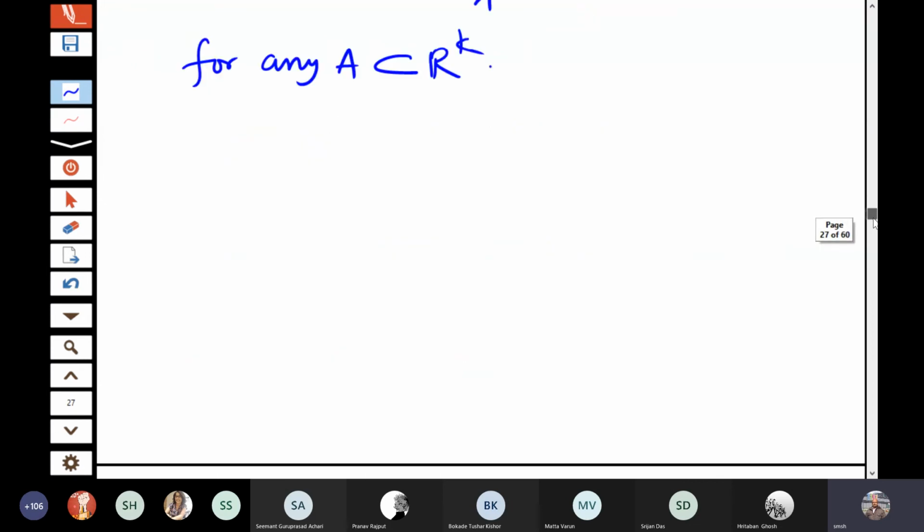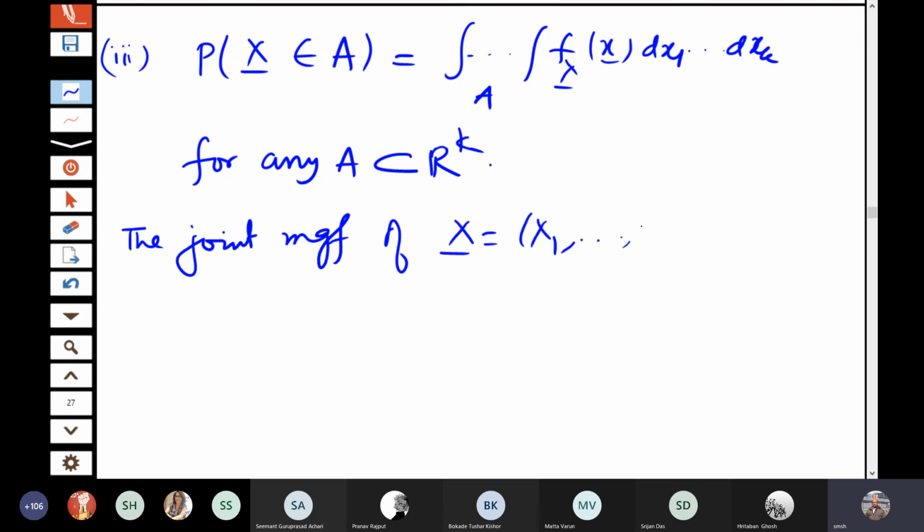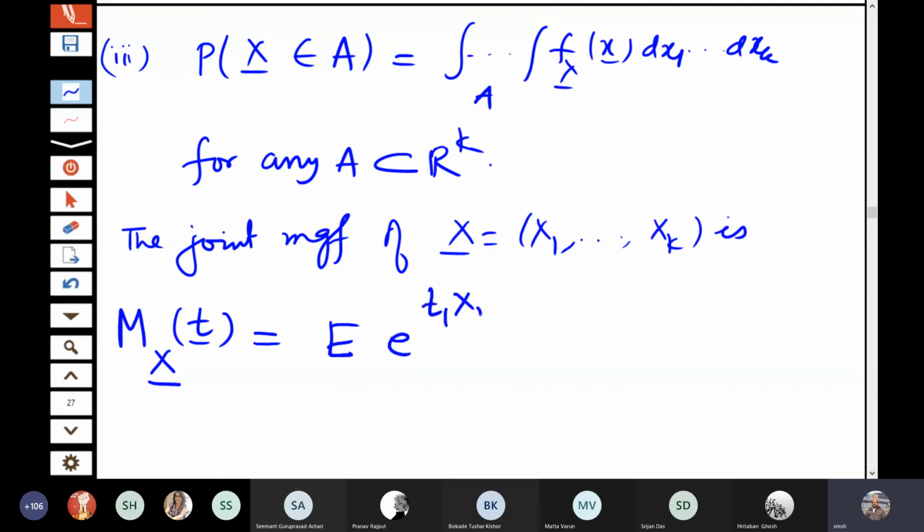We can talk about the joint MGF. That is the expectation of e to the power t1 x1 plus t2 x2 plus tk xk.